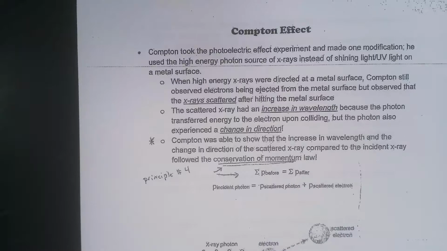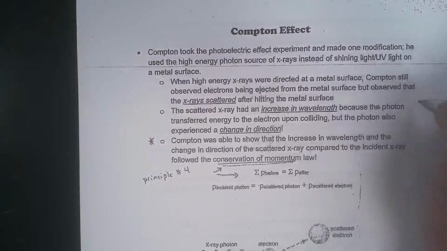Compton upped the ante by using X-rays, and when he shone X-rays on a metal surface, he too saw an electron being emitted, but what he noticed was that the refracting X-ray ended up being scattered. It wasn't straight on, straight out, it was scattered. And the scattered X-ray had an increase in wavelength.